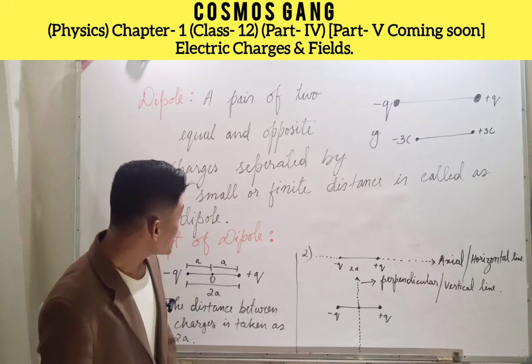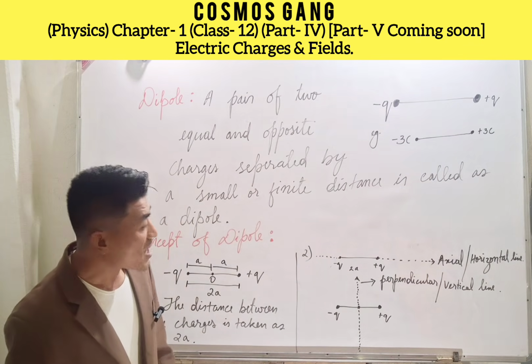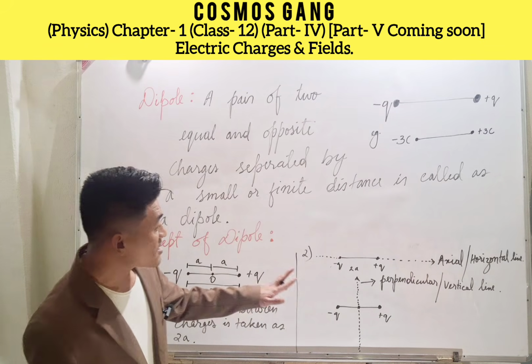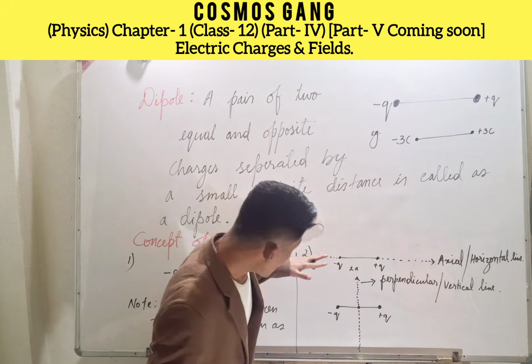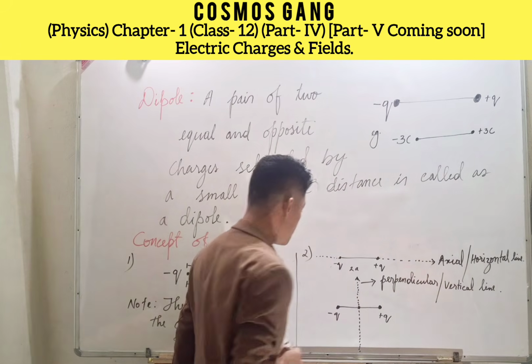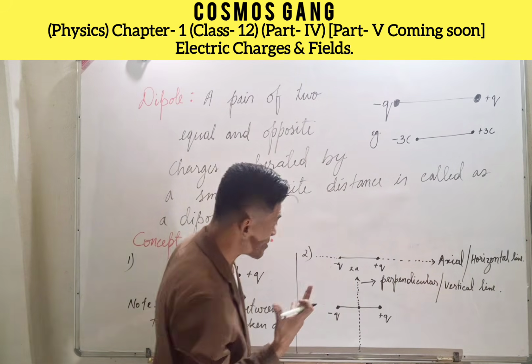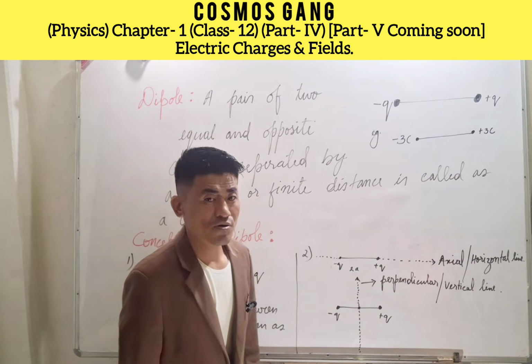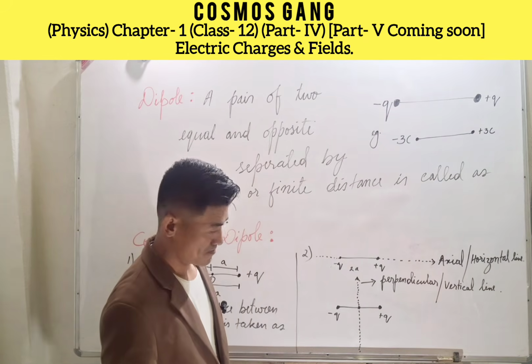So, in the next topic, we'll try to find the electric field due to this dipole at any point along the axial line and the electric field at any point on the perpendicular or vertical line.